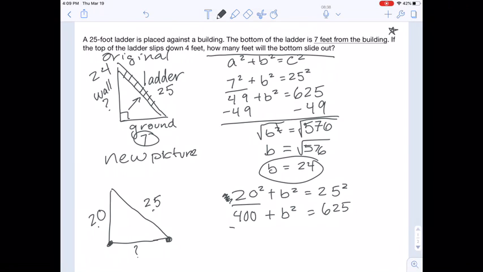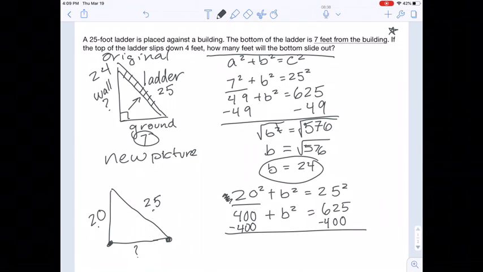We know that that is 625. We're going to subtract 400 from both sides. And then we get b squared equals 225. And then we're going to take the square root of both sides.